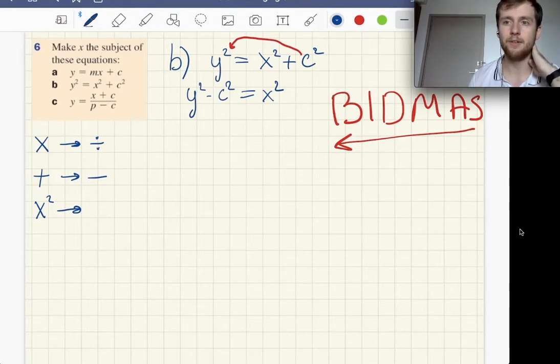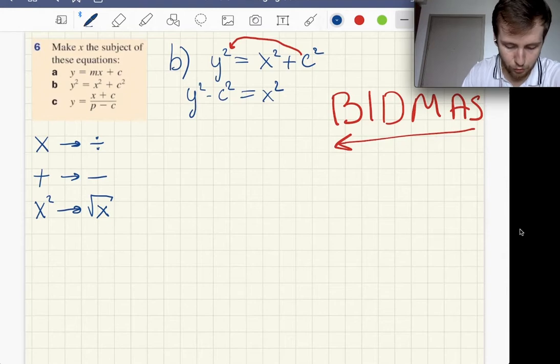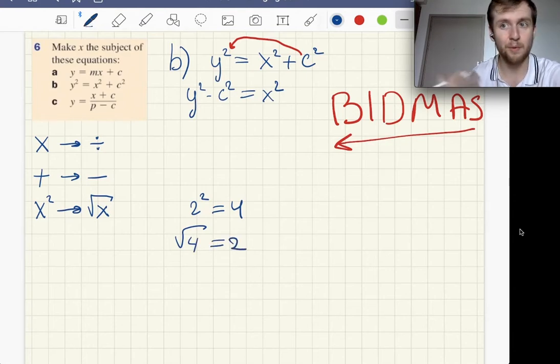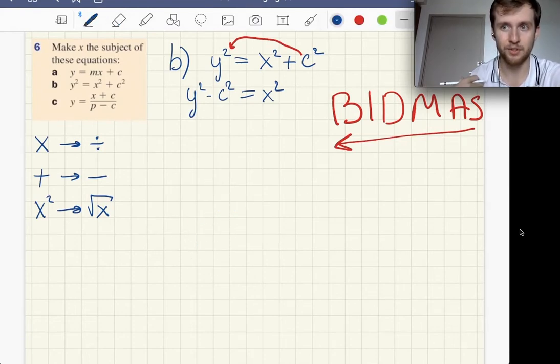Well, it turns out opposite to power 2 is a square root. Just think about it. If we have 2 to power 2, which is equal to 4, then square root of 4 gives us 2 back, like this. So opposite of power 2 is root of power 2.